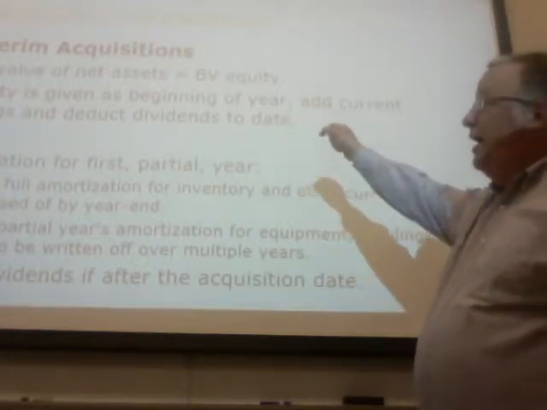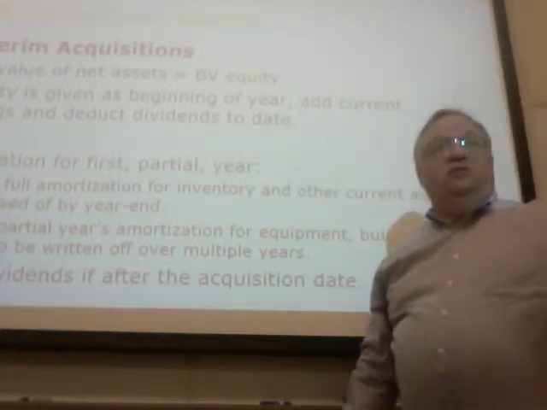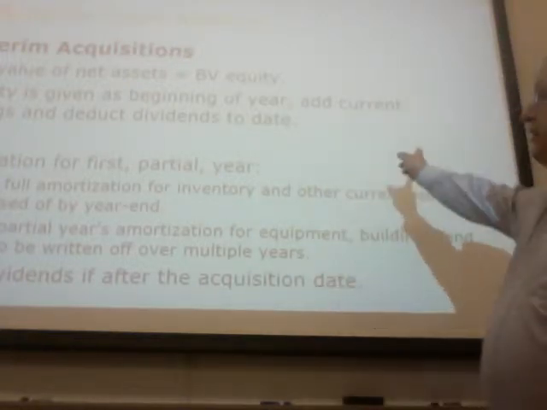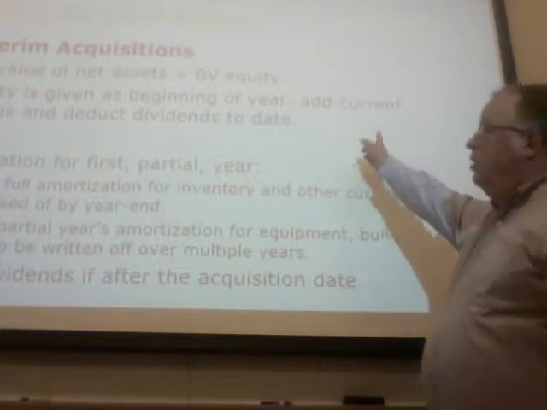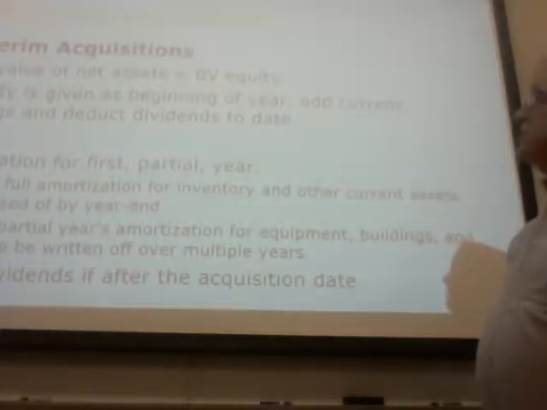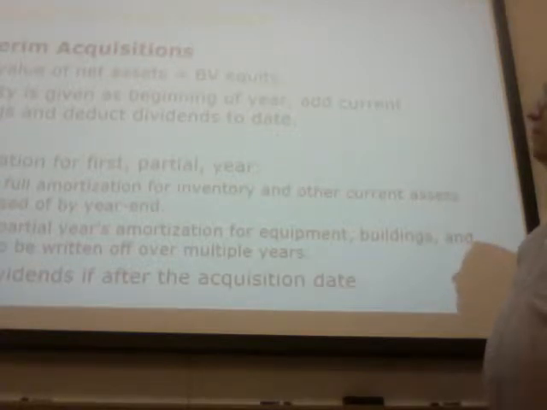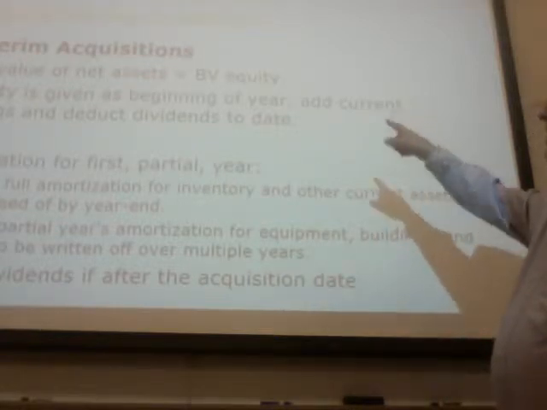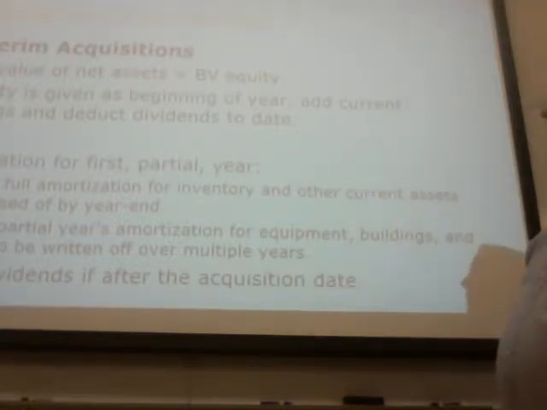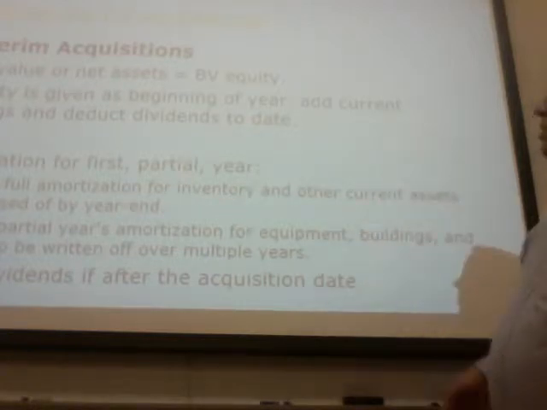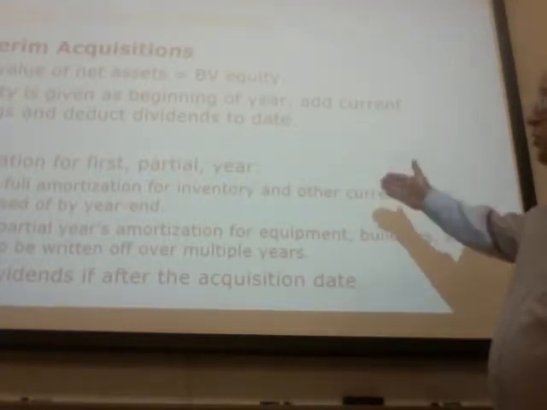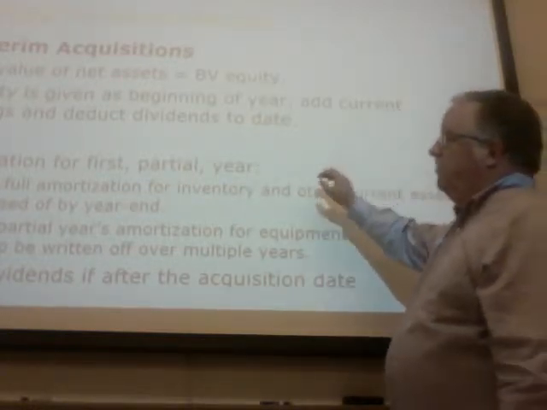It is the book value equity as of June 30th, not as of the beginning of our fiscal year. If equity is given to us at the beginning of the year, we're going to add current earnings and deduct dividends to date to get back to our correct equity. So we'll take our equity as of the beginning of the year and then adjust it forward so that our net equity and retained earnings reflect what they are at June 30th.